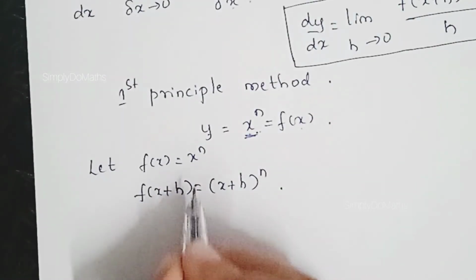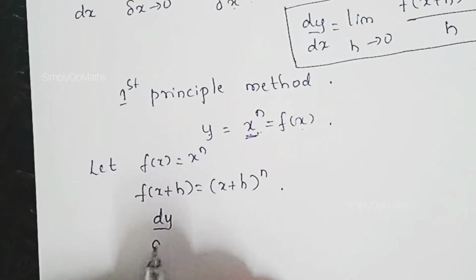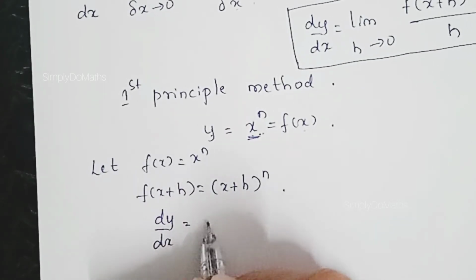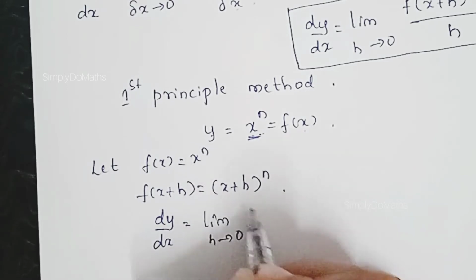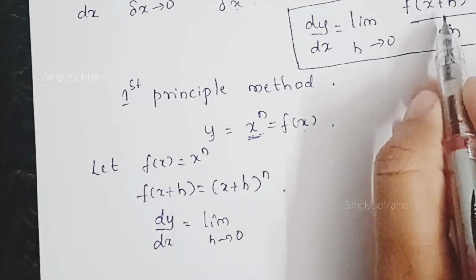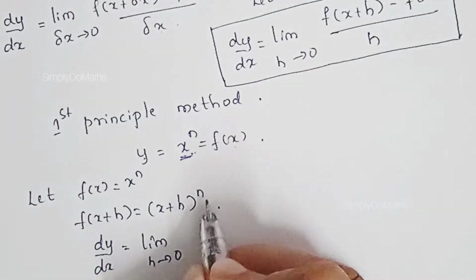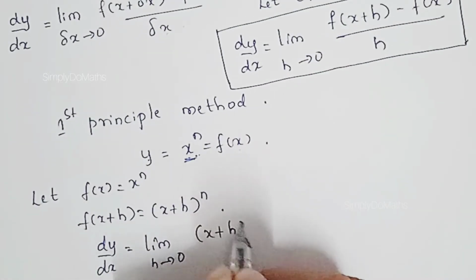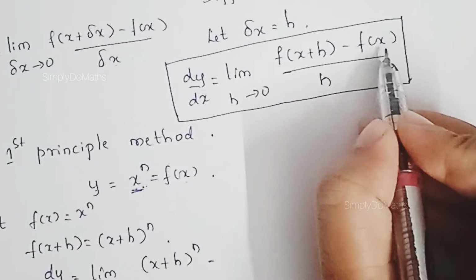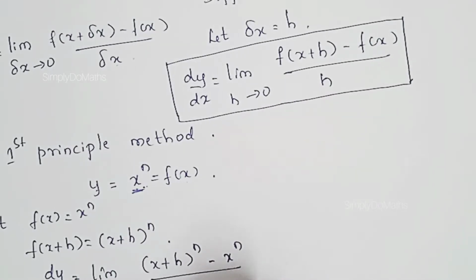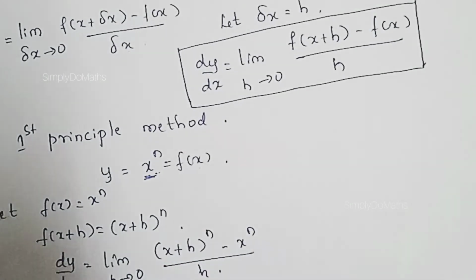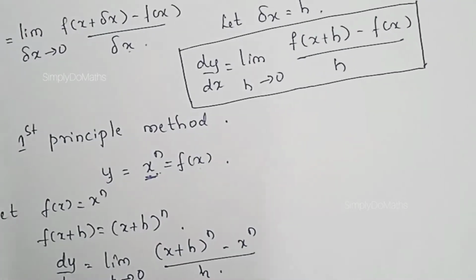Let us put this in the formula. dy by dx will be equal to limit as h tending to 0 f of x plus h, which is nothing but x plus h whole raised to n, and f of x value is x raised to n, divided by h, right? So this is the formula.